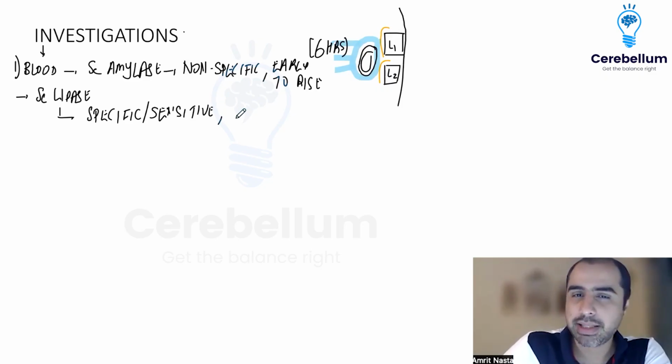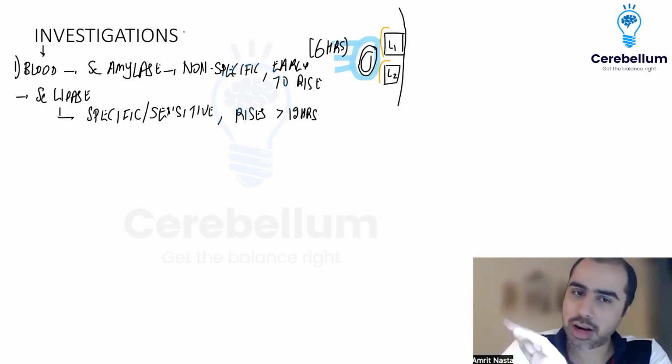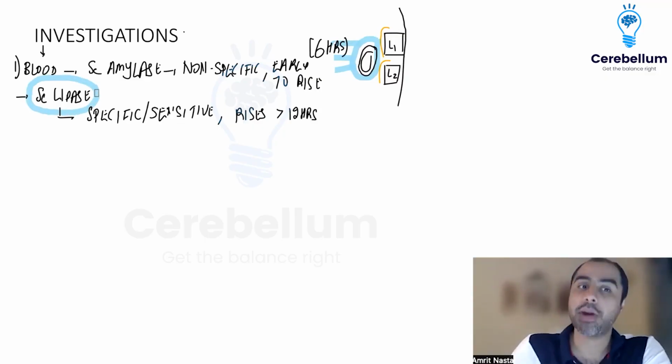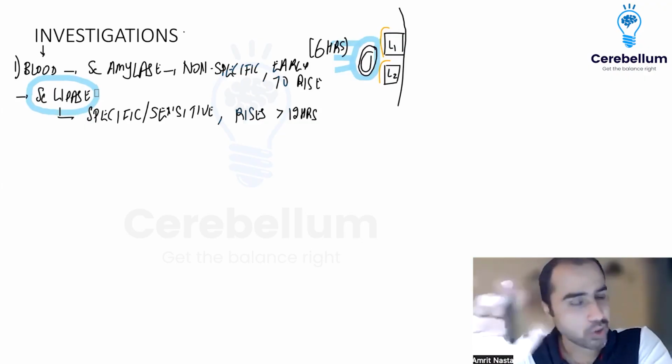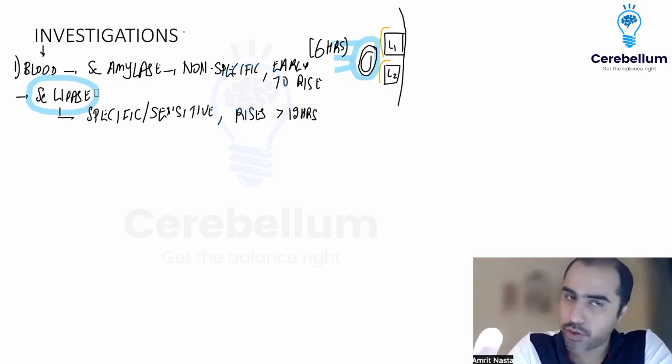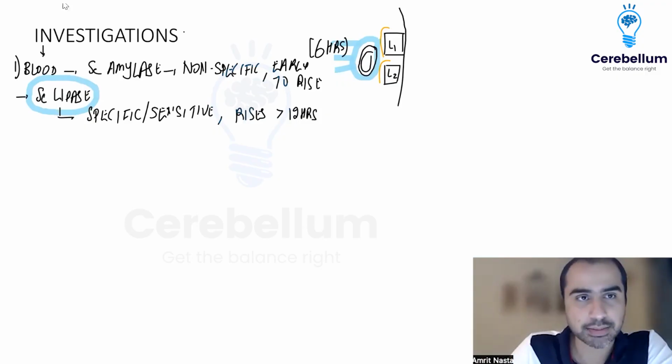But it rises after some time. It rises usually after 12 hours. But yeah, if you have to pick one, go for lipase. होता सबका है, कोई बोलता नहीं. So the investigation of choice, biochemical test, is going to be lipase, not amylase. Go for lipase. When we feel the patient has pancreatitis, we do only lipase. We don't do amylase as practice.